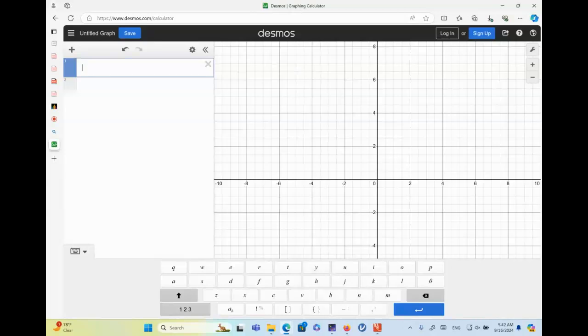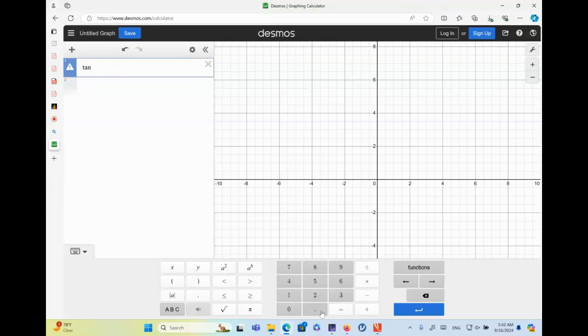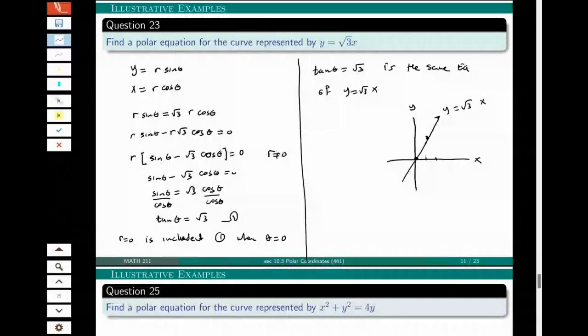We said tan of the angle theta is equal to root 3. Let me check.